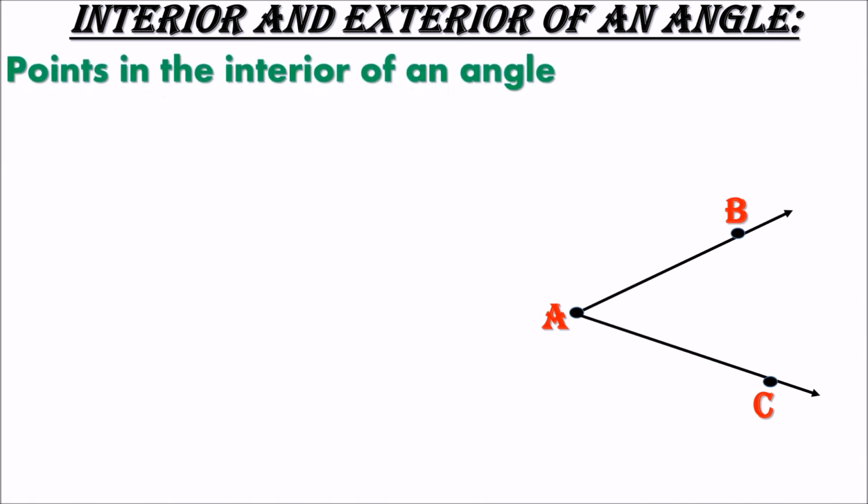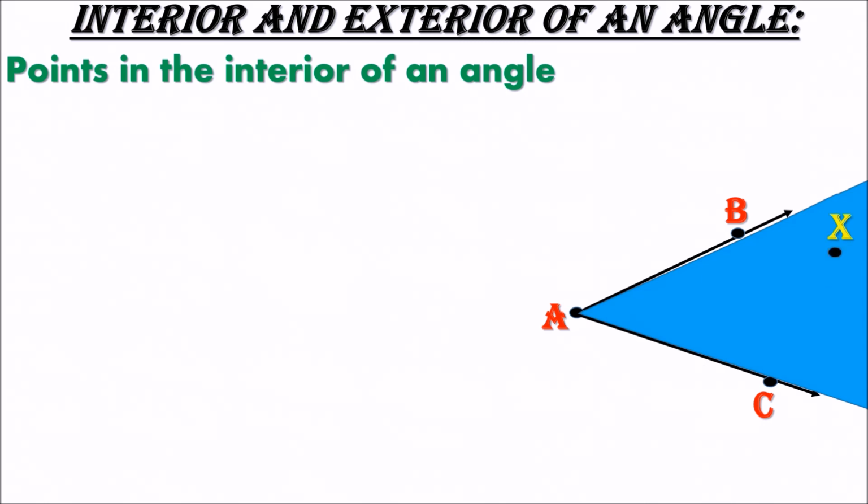Interior and exterior of an angle. Here we have an angle BAC. Points in the interior of an angle. Look at this figure. The blue shaded part represents the interior part of angle BAC.